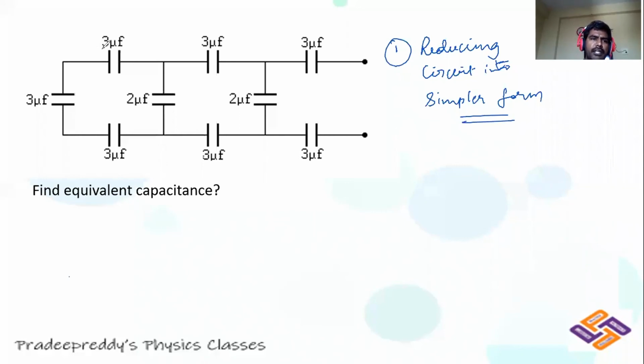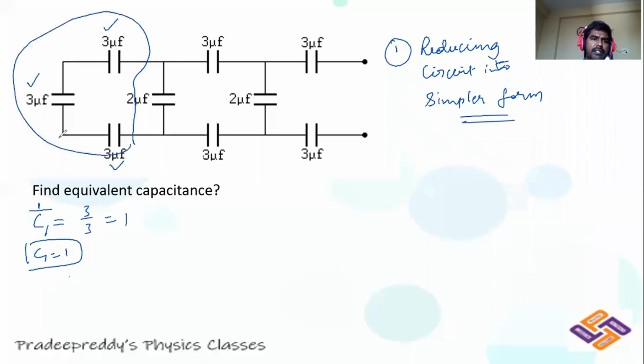Now see, check it up. 3 microfarad, 3 microfarad, 3 microfarad. All these three are connected in series. So C1: 1 by C1 will be equal to 1 by 3 plus 1 by 3 plus 1 by 3, that is 3 by 3, equal to 1. So C1 will be equal to 1. Effective capacitance still here will be 1 microfarad.